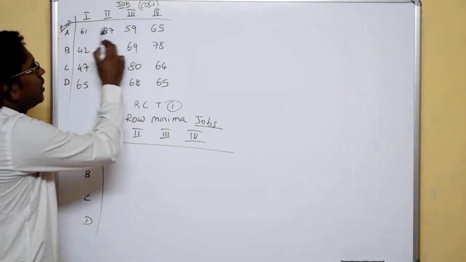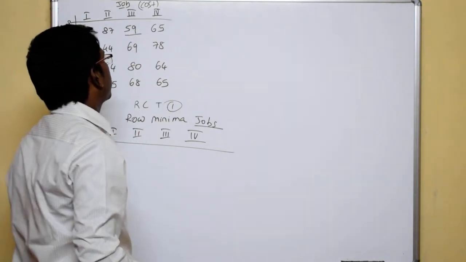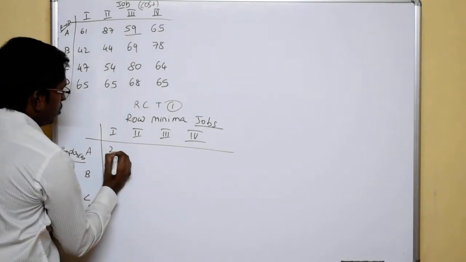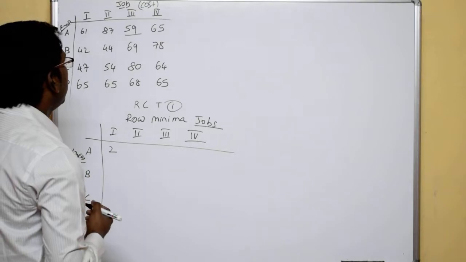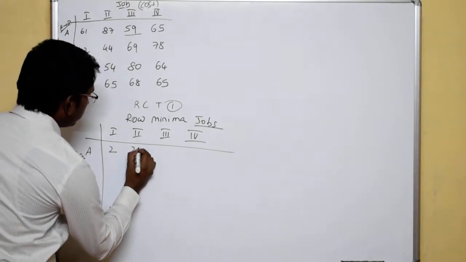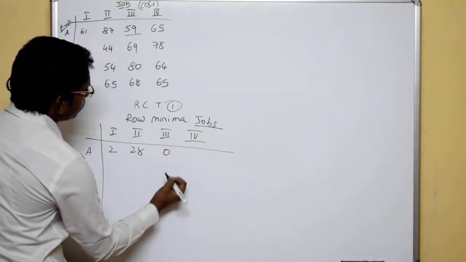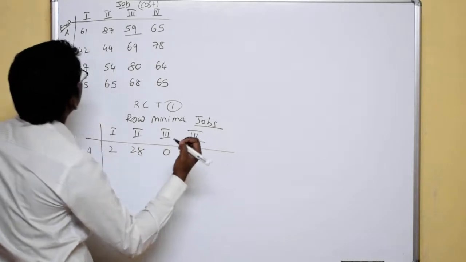The first row, the least cost is 59. So let's keep subtracting. 61 minus 59 will be 2. 87 minus 59 will be 28. 59 minus 59 will be 0. And this will be 6.